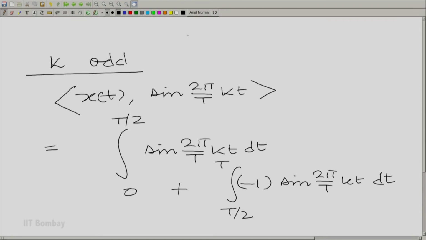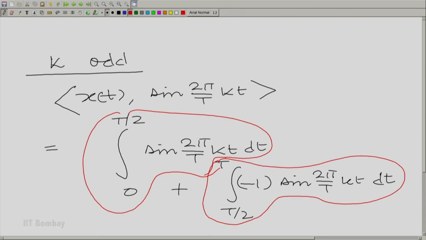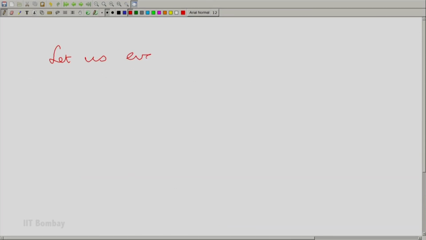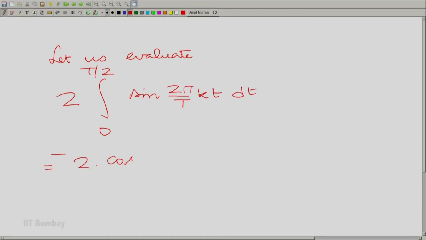Now, I leave it to you to show that this term and this term are equal. Exercise: show these are equal, this one and this one. And therefore, I am just going to evaluate any one of them. Let us evaluate 0 to T by 2 sine 2 pi by T kt dt and multiply it by 2.